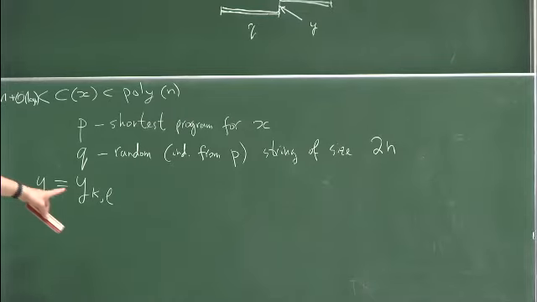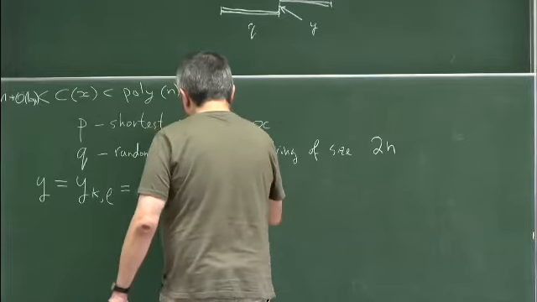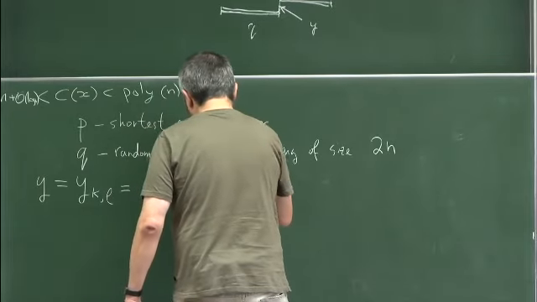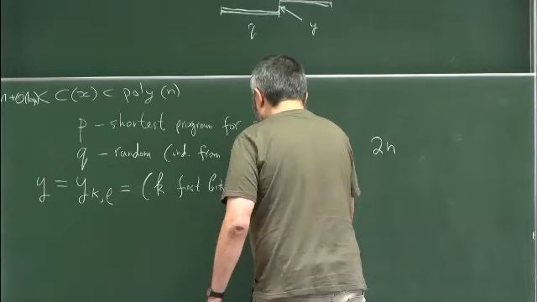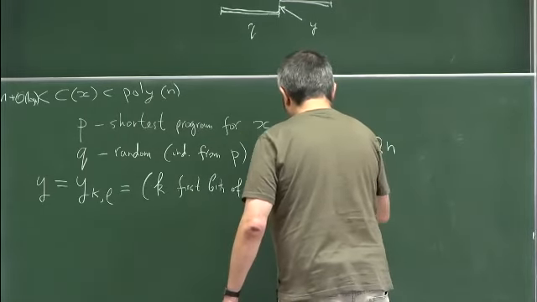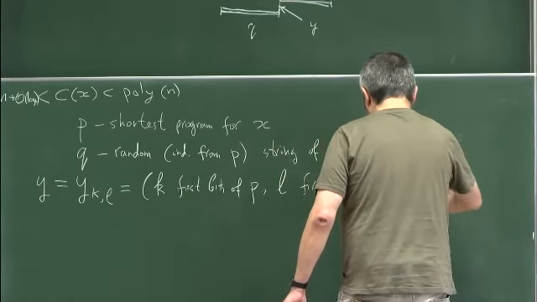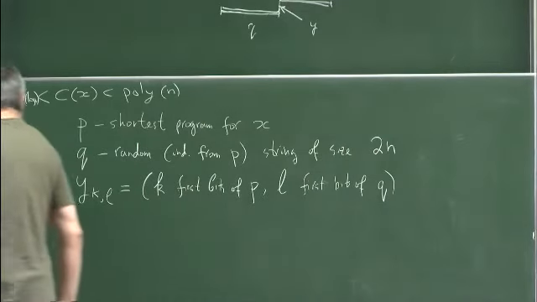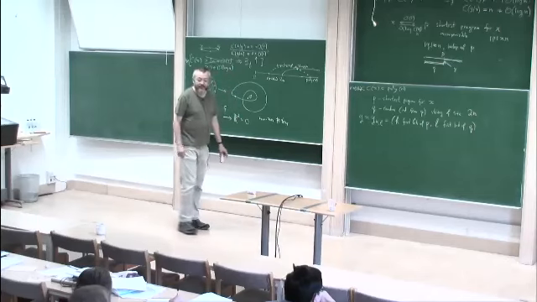We take two numbers and take the first K bits of P and the first L bits of Q. And my claim is that for suitable values of K and L, we will get whatever we want.